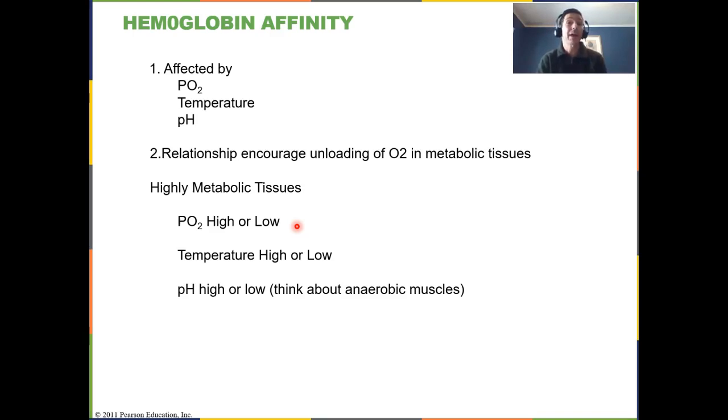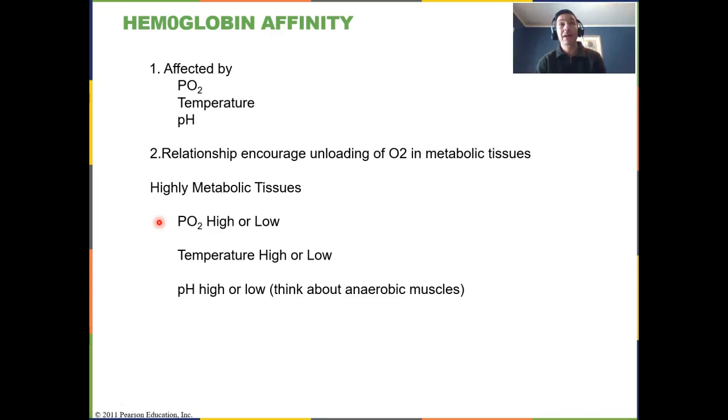So think about a muscle that is highly active. You're on a bike, you're riding uphill, your quadriceps are working a lot harder than your biceps. So the partial pressure due to oxygen in your quadriceps should be lower, right?